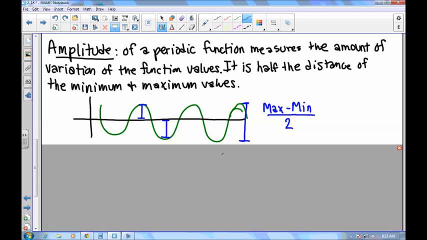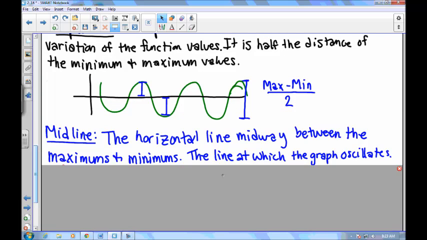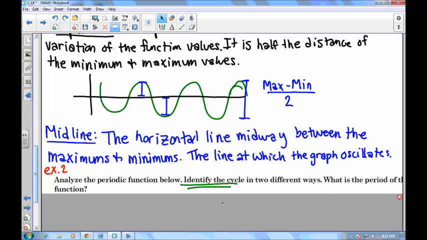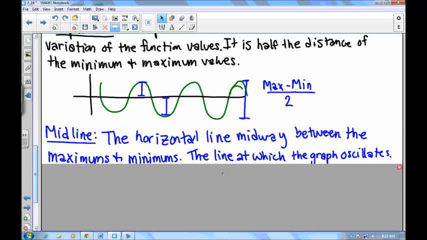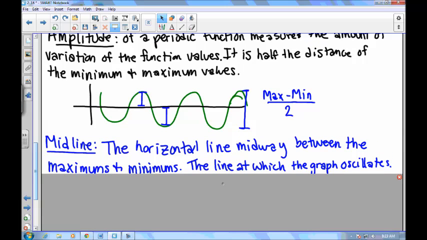Okay, so period is the horizontal distance peak to peak. Cycle traces the graph until it repeats itself. Amplitude is the height of the mountain or the depth of the valley. I think there's one more. Okay, yes. The last one, midline. This is what I mentioned when I said sea level.